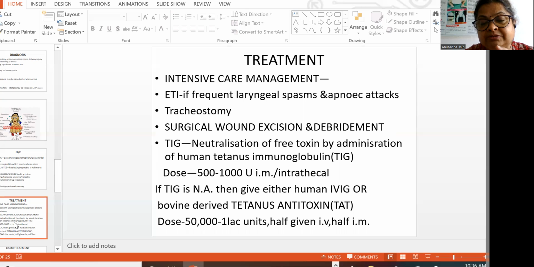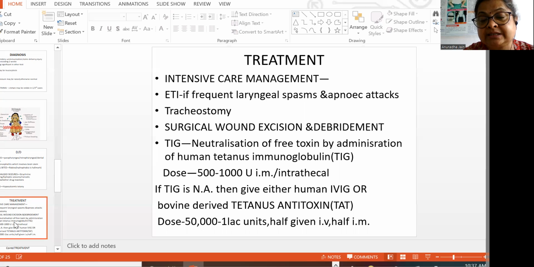Dose is 500 to 1000 units intramuscular or intrathecal. If TIG is not available, give either human intravenous immunoglobulin or bovine-derived tetanus antitoxin, that is TAT. Dose is 50,000 to 1 lakh units, half given IV and half intramuscular.